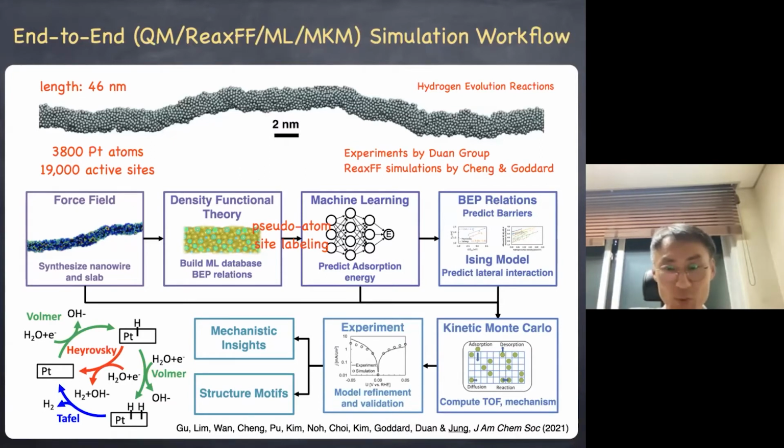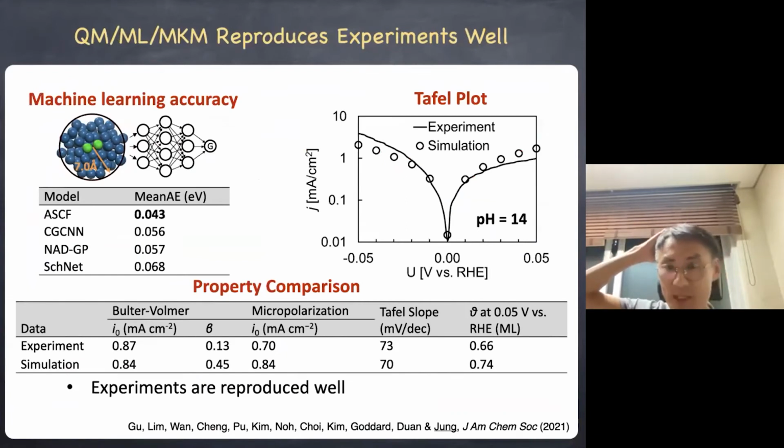And so we did that, and then we did some multi-scale microkinetic modeling, and from that we obtained current densities as a function of potential for the hydrogen evolution reactions. The circles are the simulation results using our method, and the solid line is the experiment, and they have pretty good agreement.